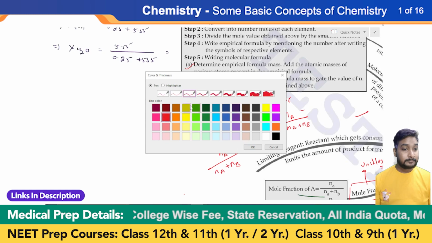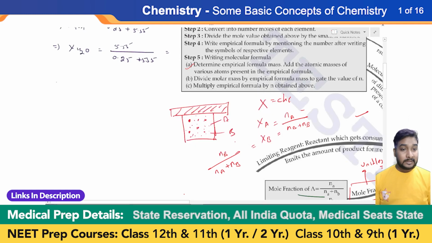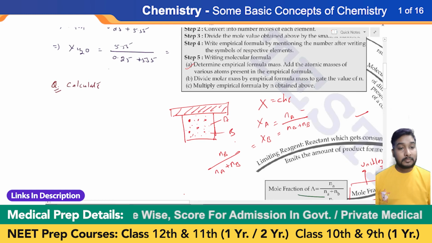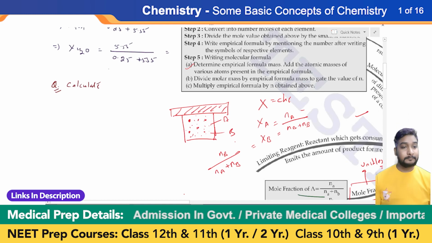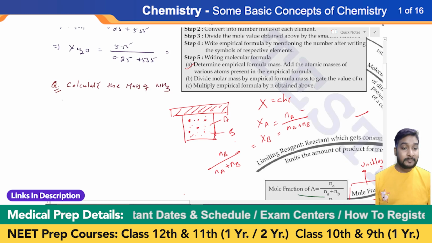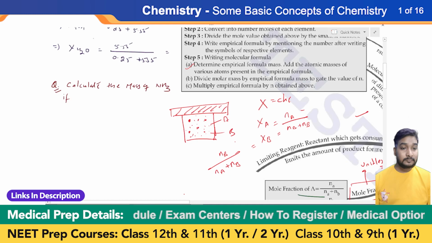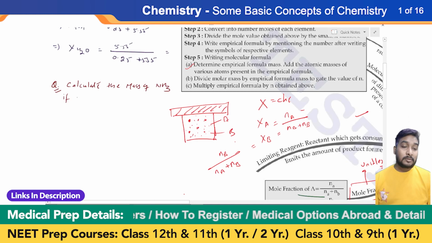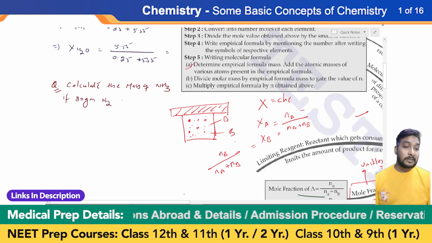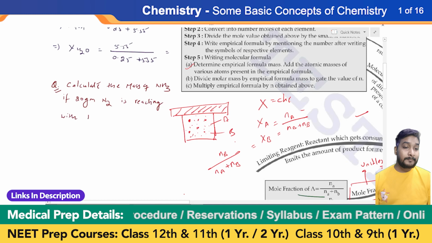I'm changing my pen. The other question is: calculate the mass of NH3 if 20 gram N2 is reacting with hydrogen.